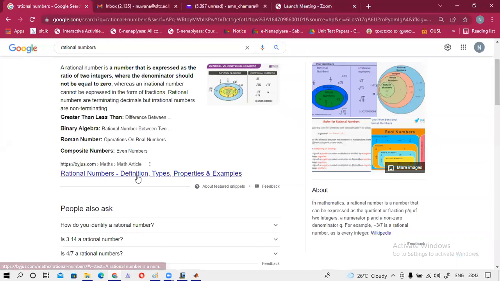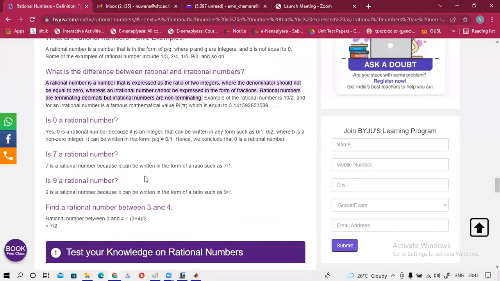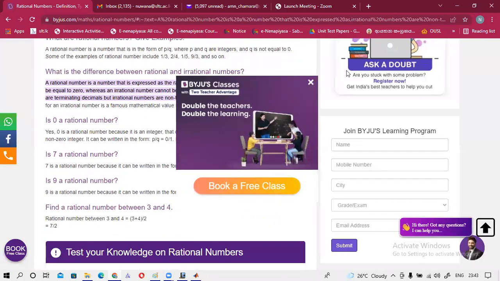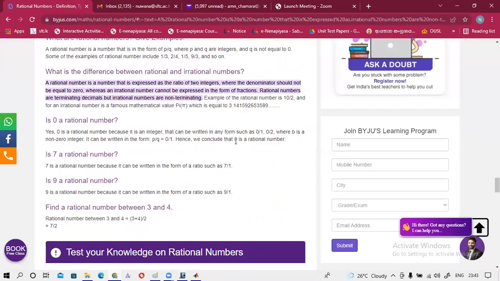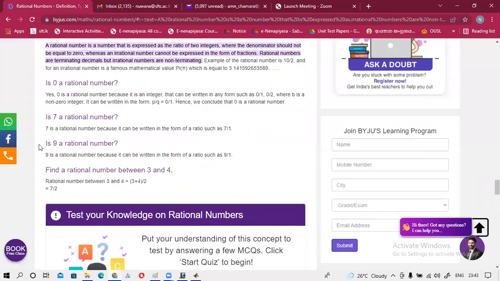Here, if you need, you can read this description for more information. Normally we consider 0 as a rational number. Any whole number without decimal, that is an integer, is also a rational number, because we can write it as a ratio.